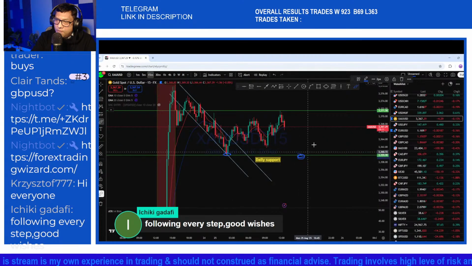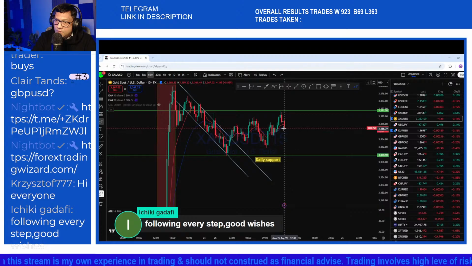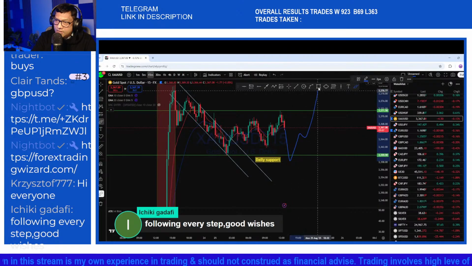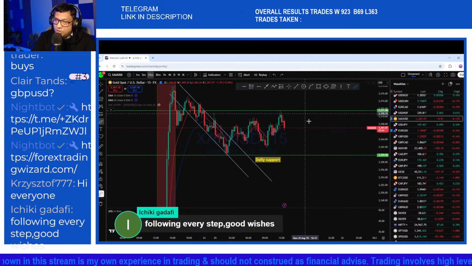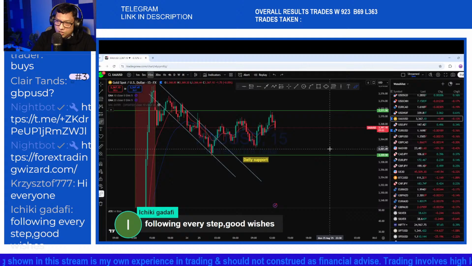Expecting the market to come back to that support, testing that low, and then to return again to the upside, potentially to create a new higher high in this market.